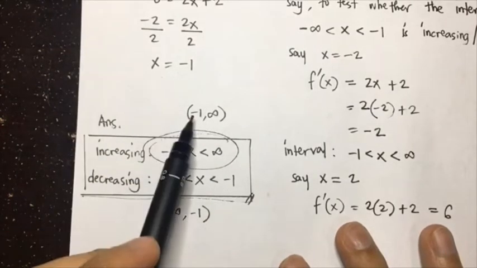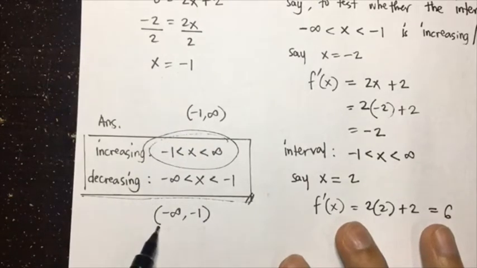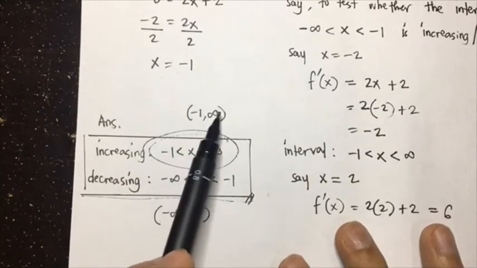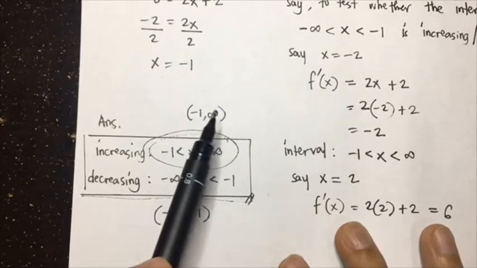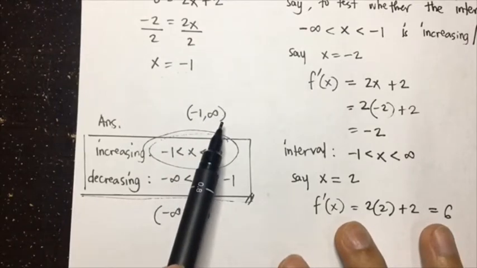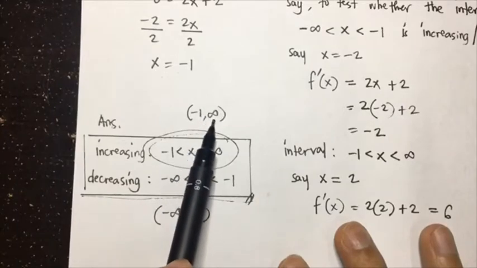Okay, and also we have the use of the parentheses and the brackets. When it's a parenthesis, then it doesn't include the end interval.